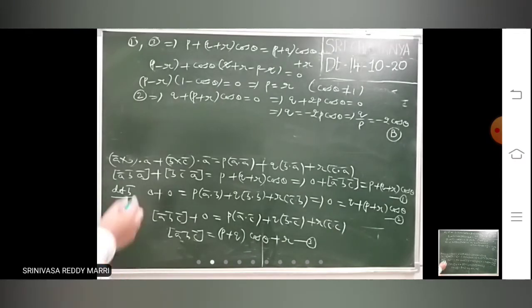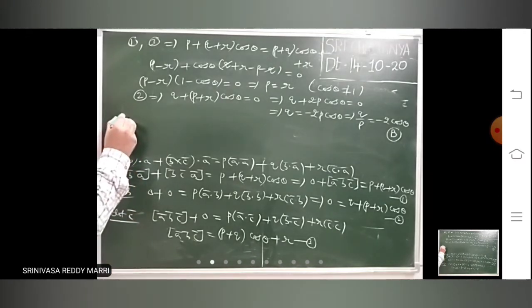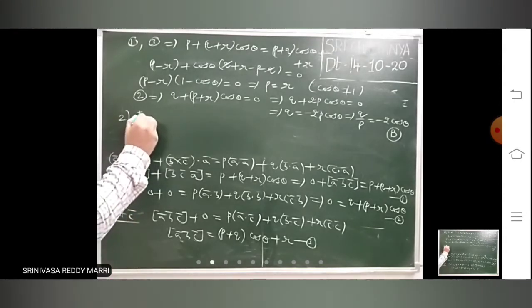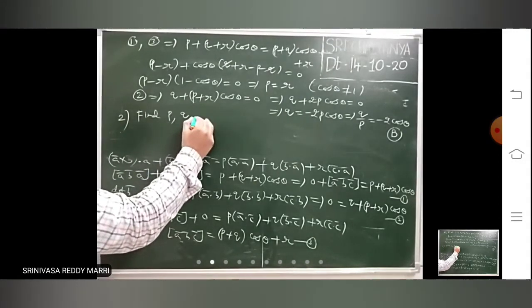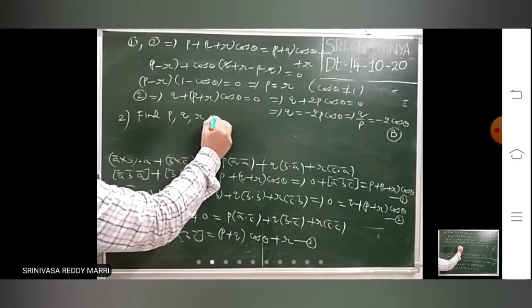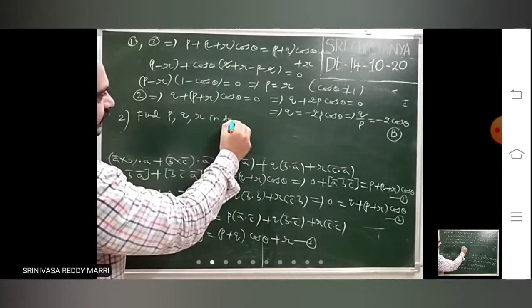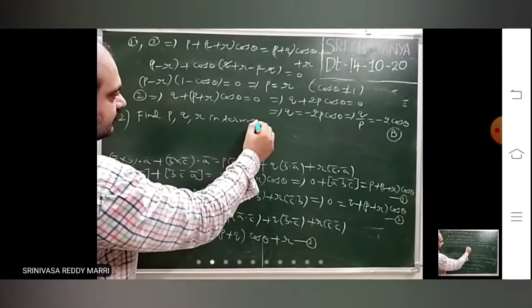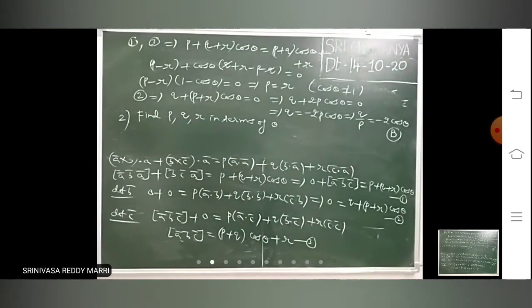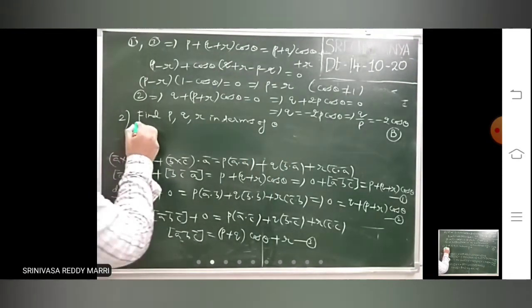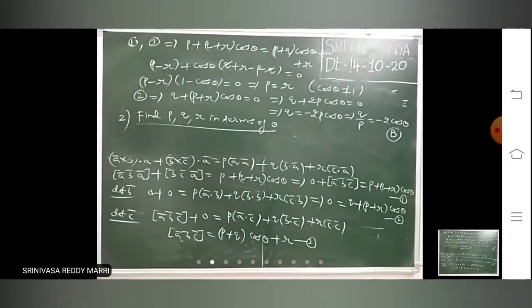Suppose the second question is like this: find P, Q, R in terms of theta.